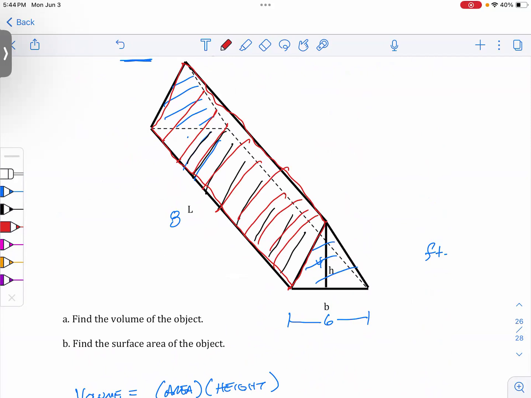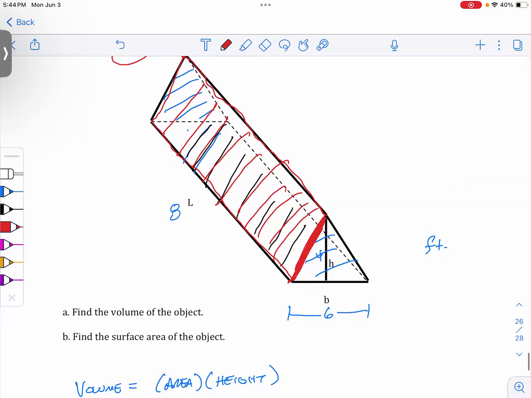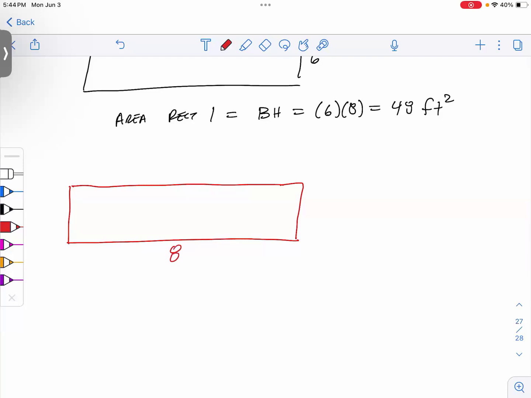But what I don't know is this distance here. This distance I need to identify. This is where I think that word bisect comes into place. Because this line bisects, that creates a right triangle here, which means I can use Pythagorean theorem to identify that. We know this is 8, and then this is some side.